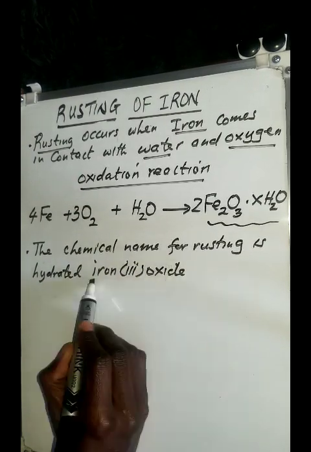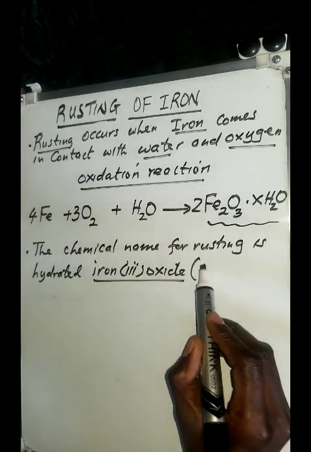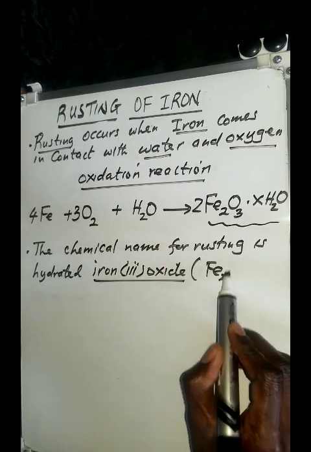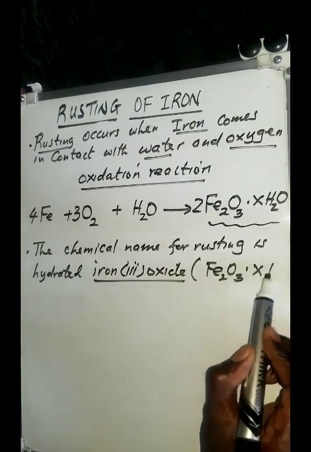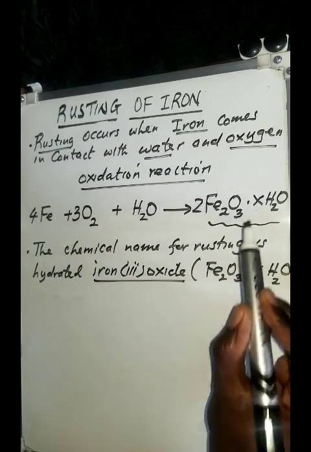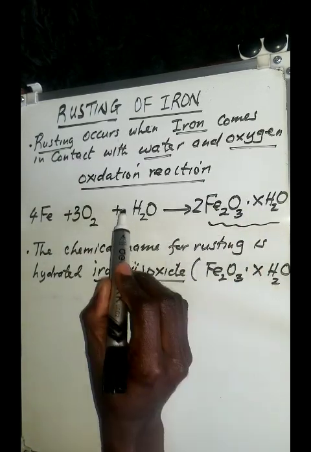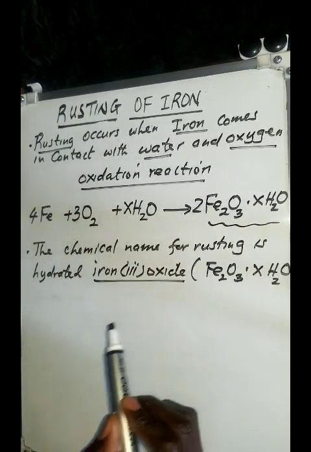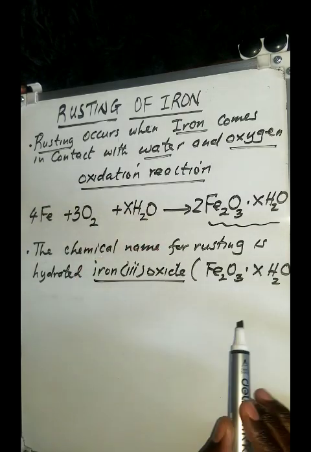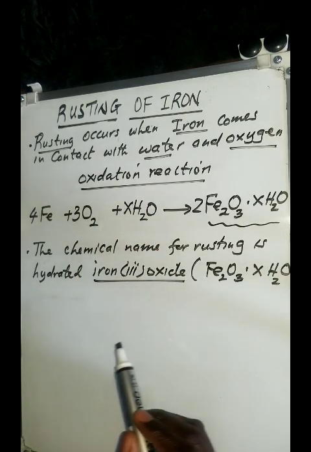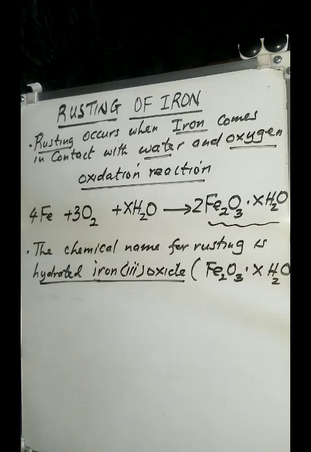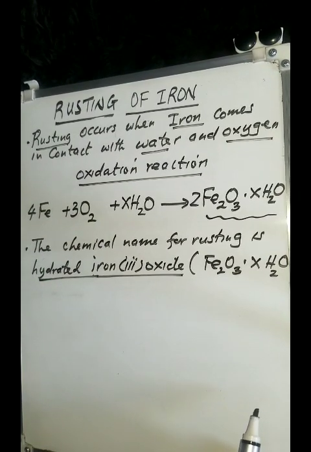Now if you notice the formula for hydrated iron 3 oxide, we do not know how many water molecules are there. That is why I've put up X there, because you don't know how many water molecules have actually been incorporated. But remember, rusting is simply called hydrated iron 3 oxide.